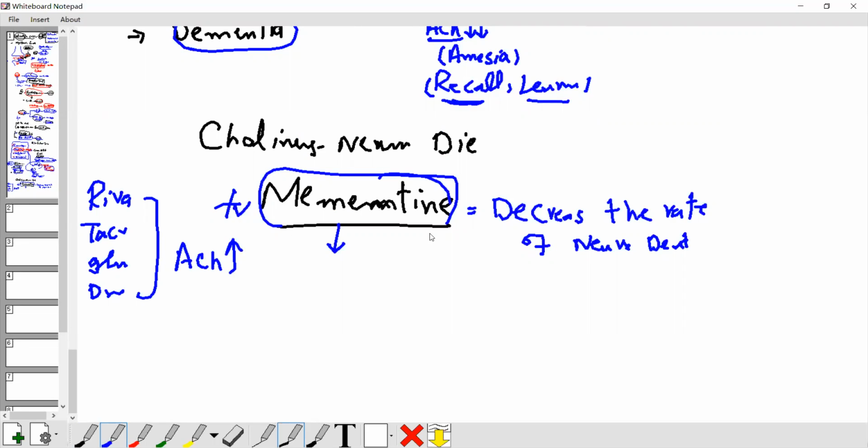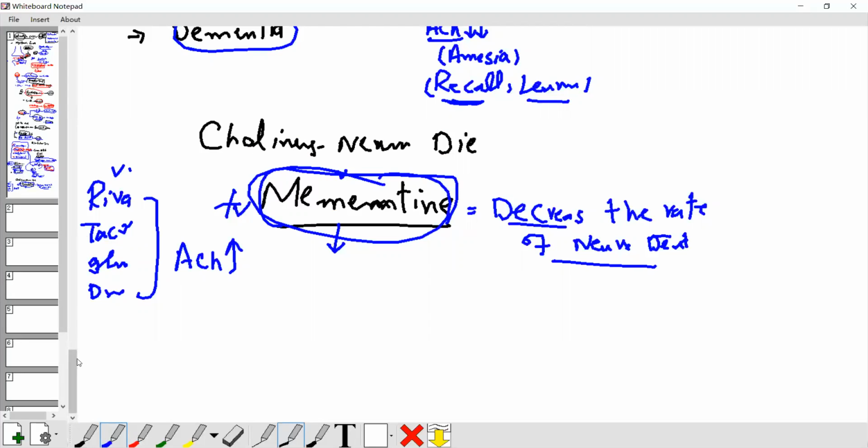And memantine helps decrease the rate of death. The damage and injury to neurons decrease by using memantine. So in combination with these drugs, we can also apply memantine. This is the full treatment for Alzheimer disease: rivastigmine, tacrine, galantamine, donepezil, and memantine. Clear?